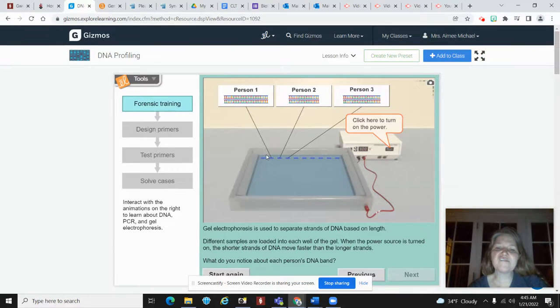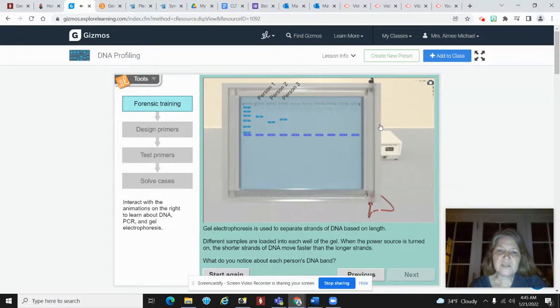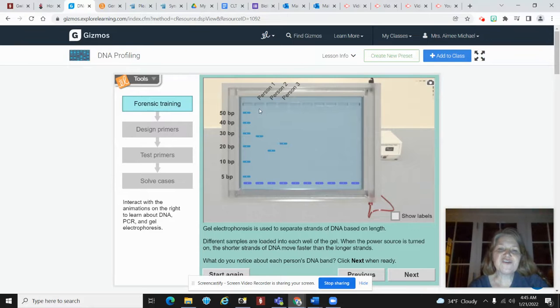Now, because they have different lengths, it's showing the three people with the three different lengths. We're going to insert those copies of the non-coding regions into this gel tray, and we're going to use an electric current, gel electrophoresis, to separate the strands. Once that electric current is put into the gel pan, each different section is going to travel a different distance from where it started.